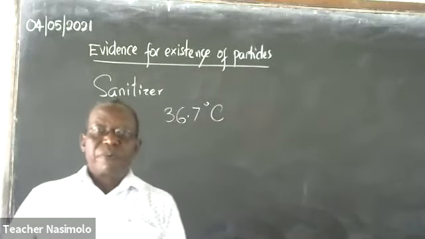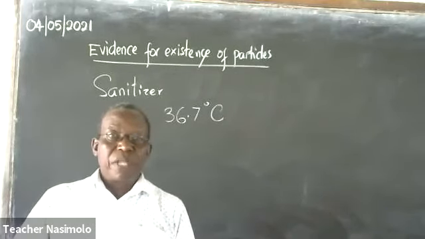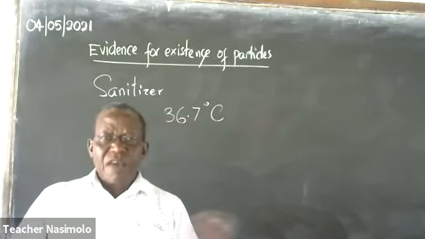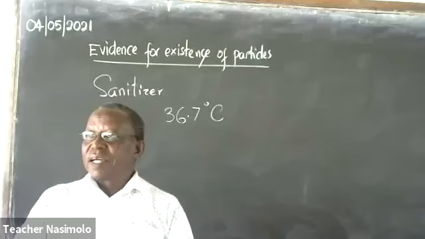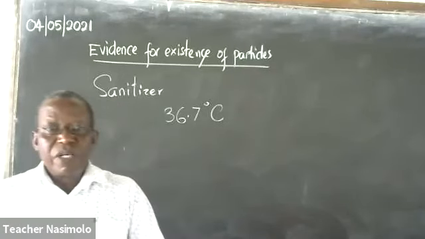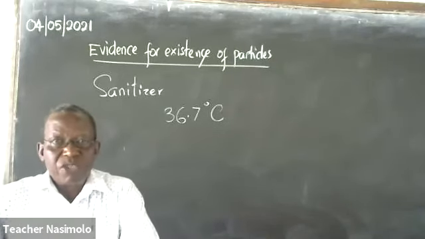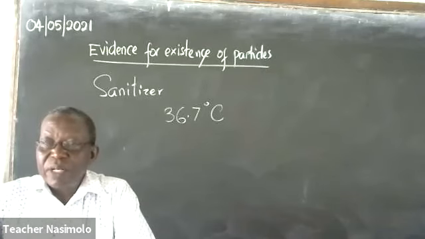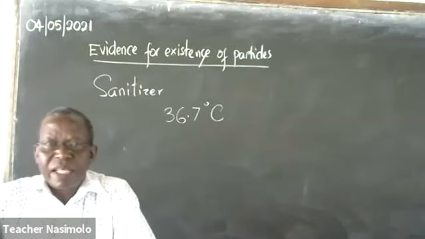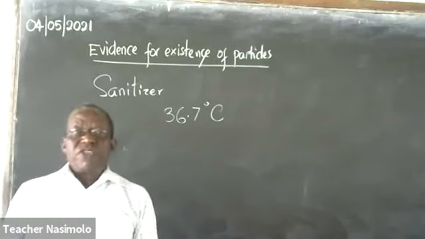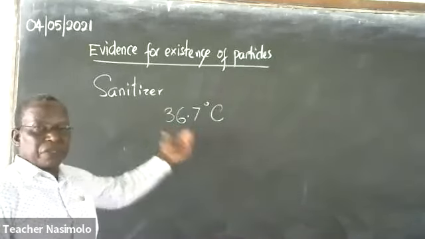Some people may have temperatures below that, but that is the average. Because when we are taking body temperatures in school, at times you find somebody has a body temperature of 34, others have 39, others have 37. So this is the average I've taken.